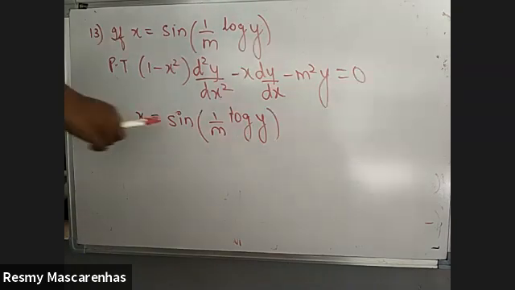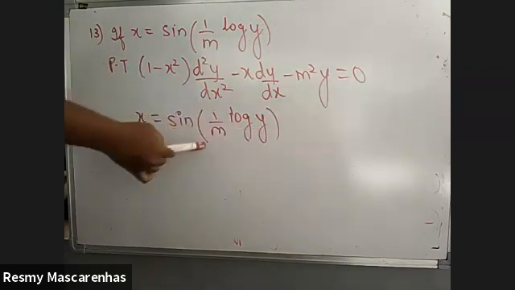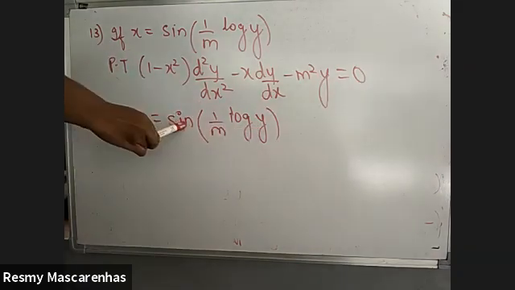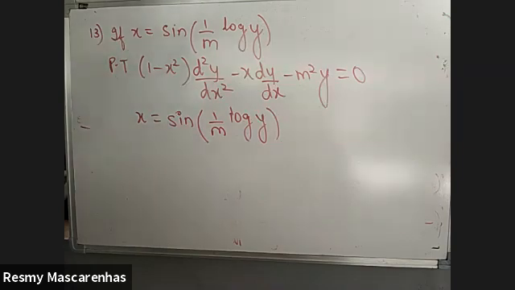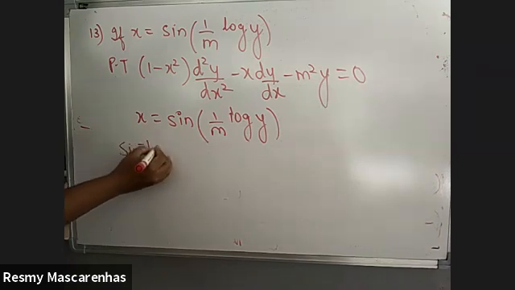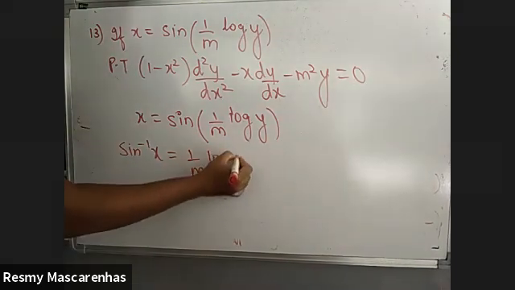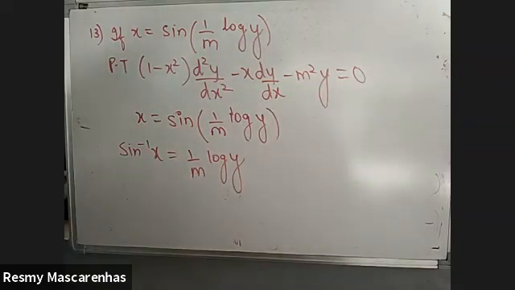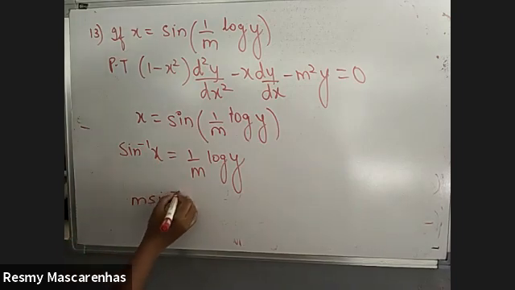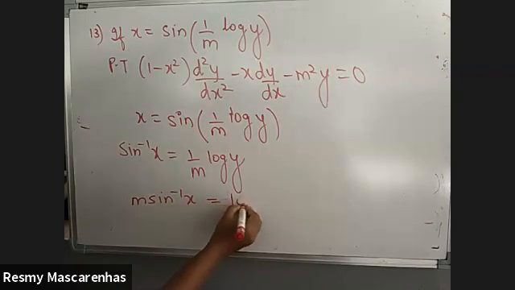Instead of keeping it complicated, take this sine on the other side. It will become sine inverse of x is equal to 1 by m log y. Then m you can also take this side. So overall the equation becomes m sine inverse of x is equal to log y.